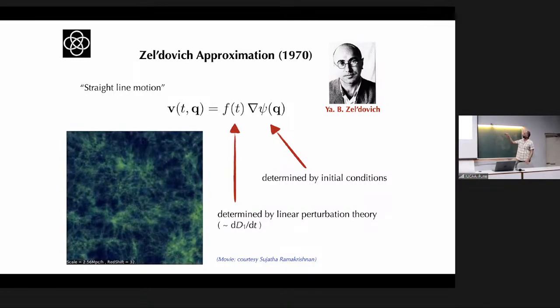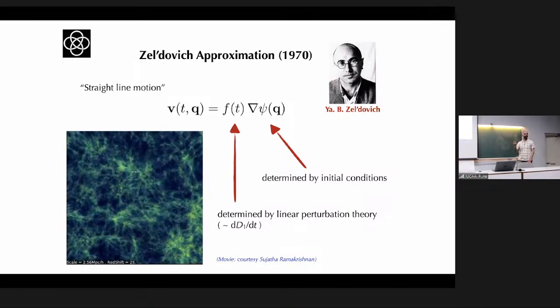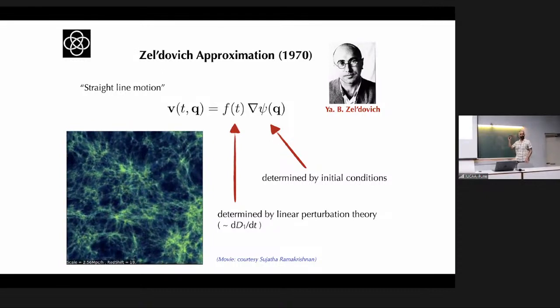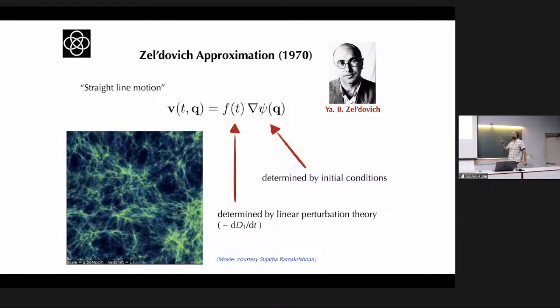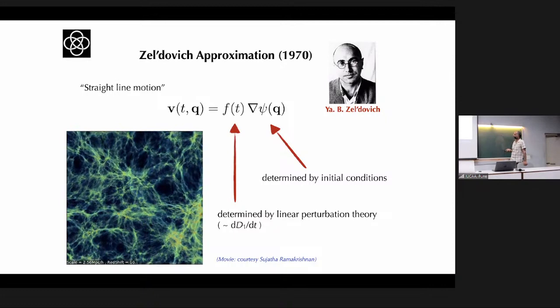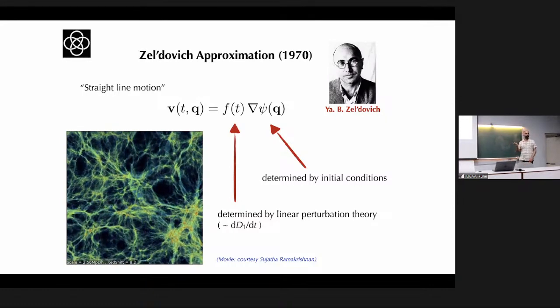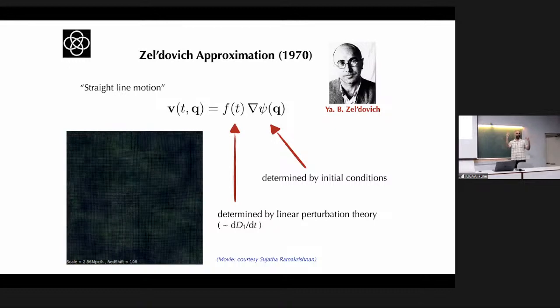This particular one is called the Zeldovich approximation. It is named after him and it is used even today in many different settings. So let's discuss what this is. It's extremely simple. Let's assume that an initial fluid element, wherever it is, gets some velocity because of the initial condition. We said that inflation generates a Gaussian random field.